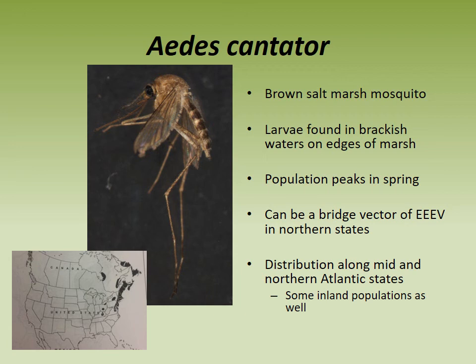It can flood up and then remain there, and that's where these species can be found. Population peaks in the spring. Bridge vectors for EEE. Distribution along the mid and northern Atlantic states, so not a very large distribution here. Actually, in this map we are not, but in Suffolk we definitely find these species in a couple trap sites.